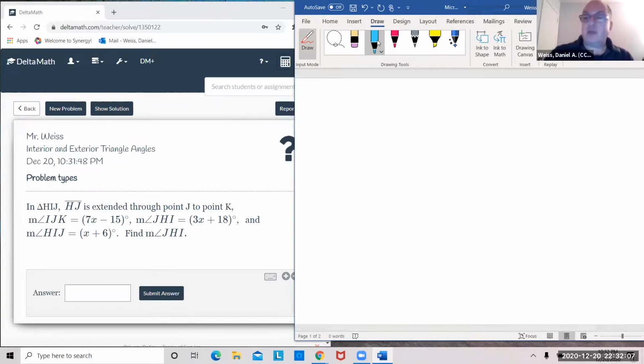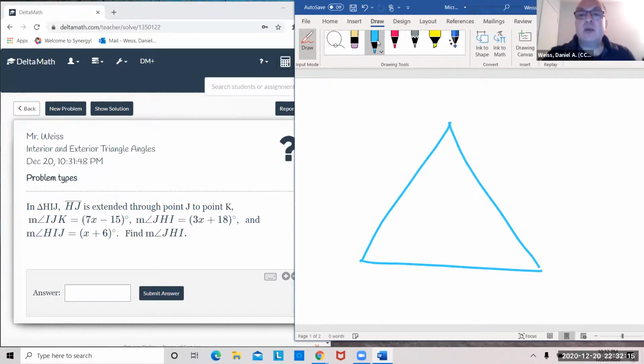Draw a picture. It says triangle HIJ. Draw a triangle HIJ. HJ is extended through point J to point K. HJ is extended to point K.